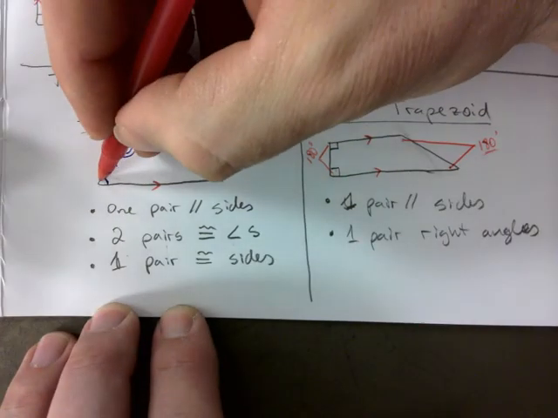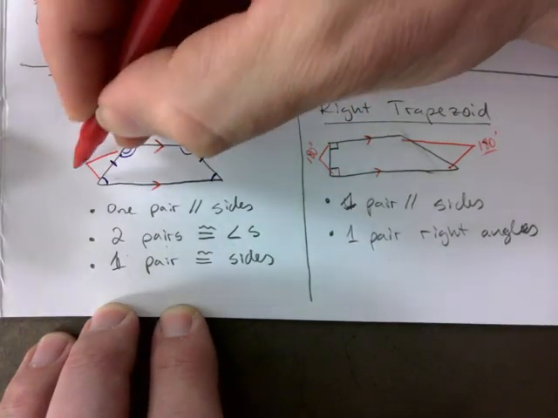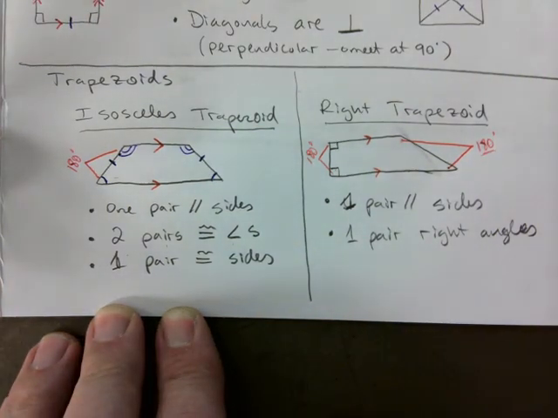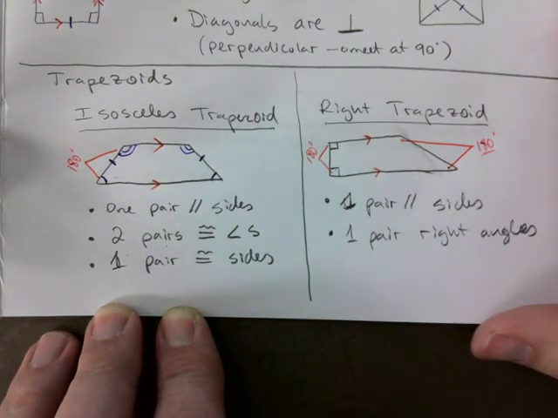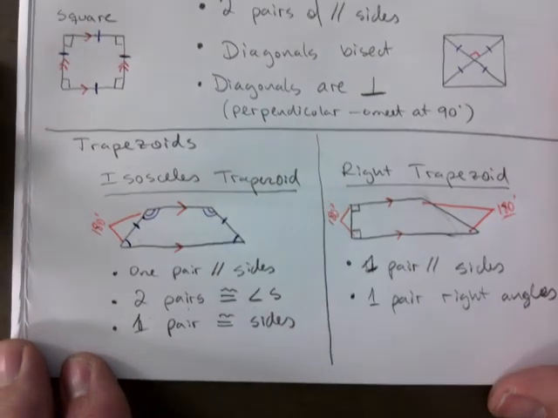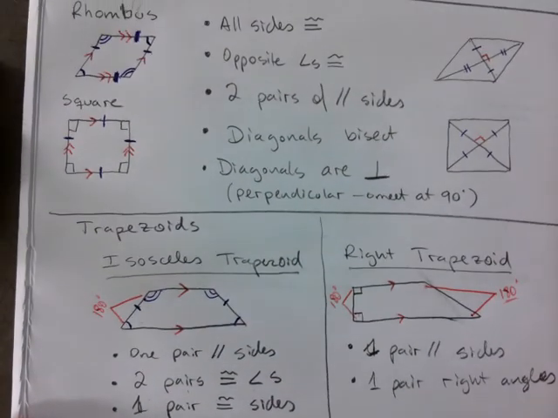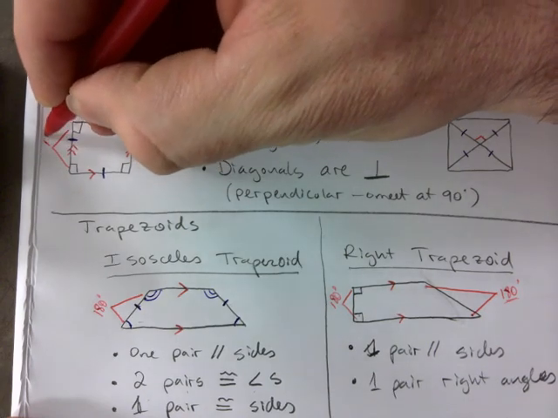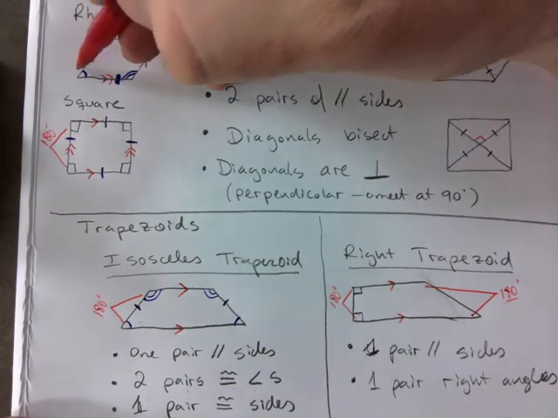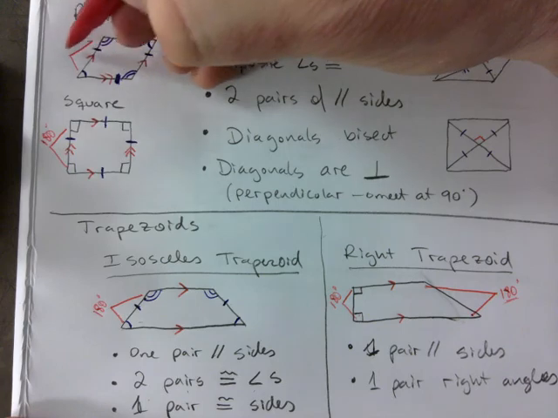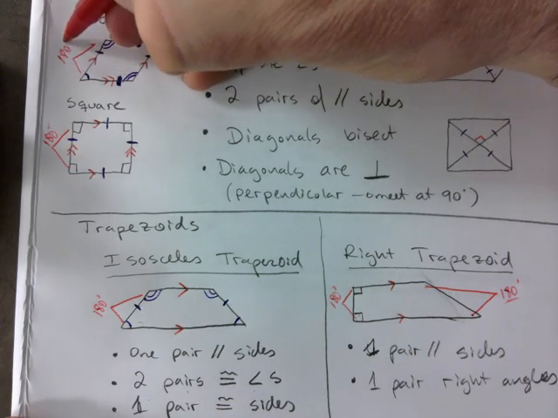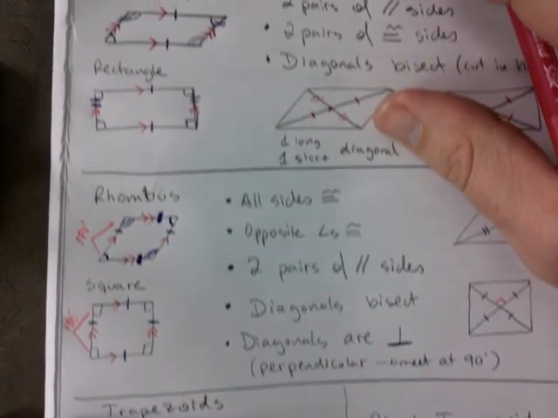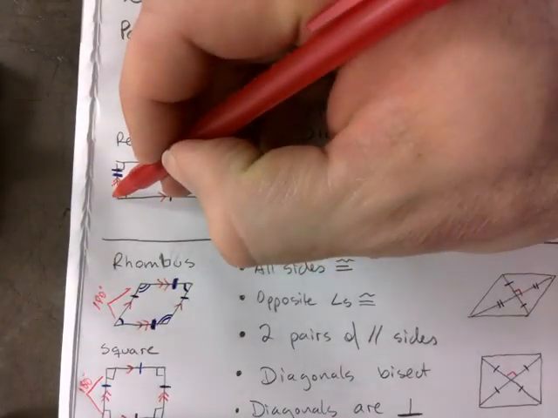So for every single diagram, we're quickly going to go up and just do that for every single one of these. But I'm just going to stick with one side, otherwise it gets too crowded. 180, 180 there. Go up to the square. Obviously, we know it's 180. Rhombus, do the same thing, and you go up to parallelogram and the rectangle, you do the same thing.